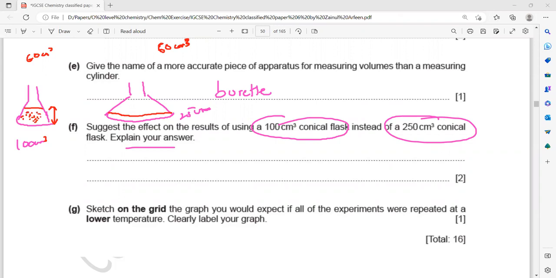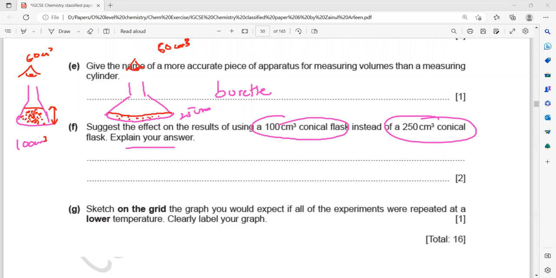As this has a larger depth, when the solid forms, the text will disappear quickly, because if a solution has a greater depth, then as solid is formed you won't be able to see the text underneath. In the 250 cm cube flask the depth is shorter, so you are still able to see for a longer period of time.